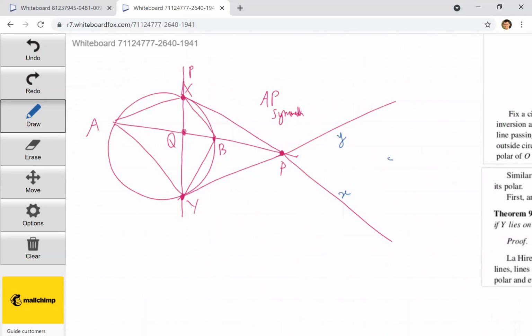So little x intersect little y equals P, right? So that means big X join big Y equals little p. You see that? These are dual to each other.